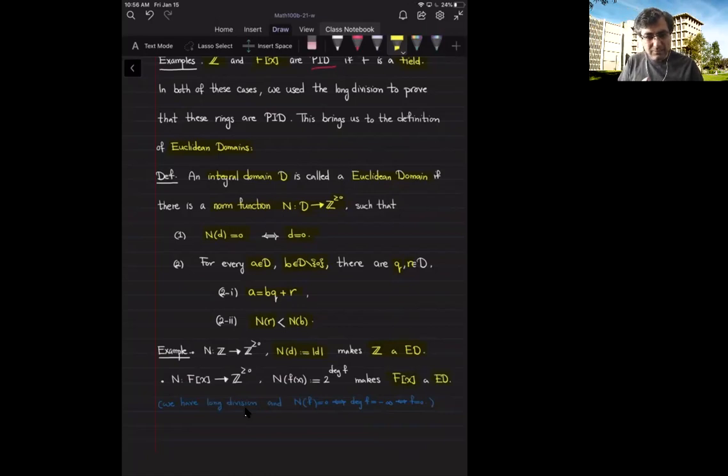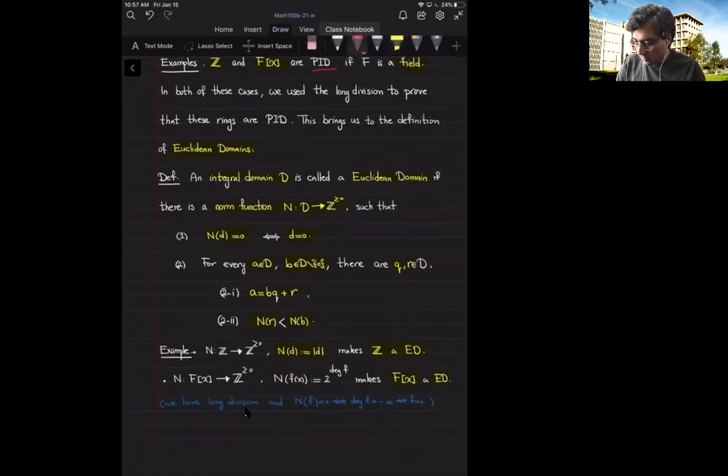But because we want the property that the norm of the 0 polynomial is supposed to be 0, and the degree of the 0 polynomial is negative infinity, in order to bring it to 0 we use this trick and consider the norm of a polynomial to be, let's say, 2 to the power of the degree.